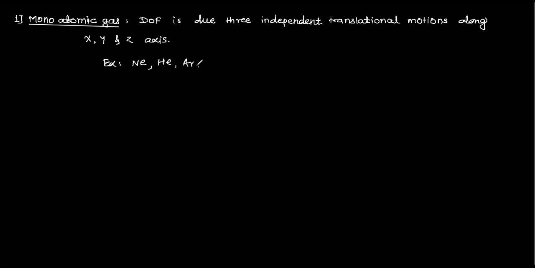All these have only one atom in a molecule. If this is the x, y and z axes, then there will be only three translational motions along these axes. Can you see here?